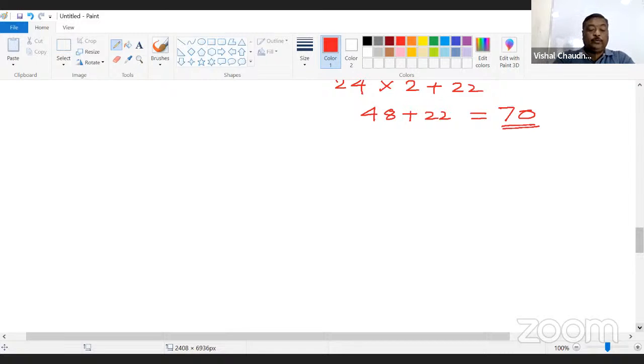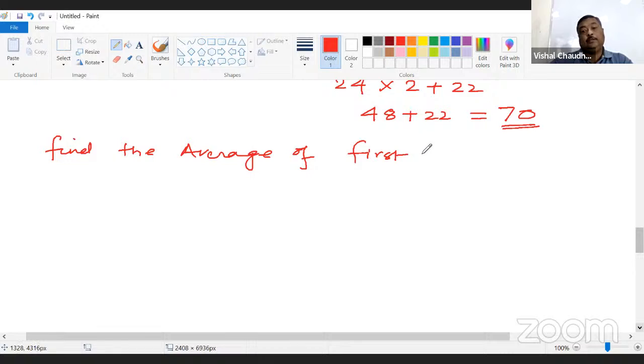Now we go with the next question, and it is: find the average of the first 50 natural numbers. Now, what are the first 50 natural numbers?